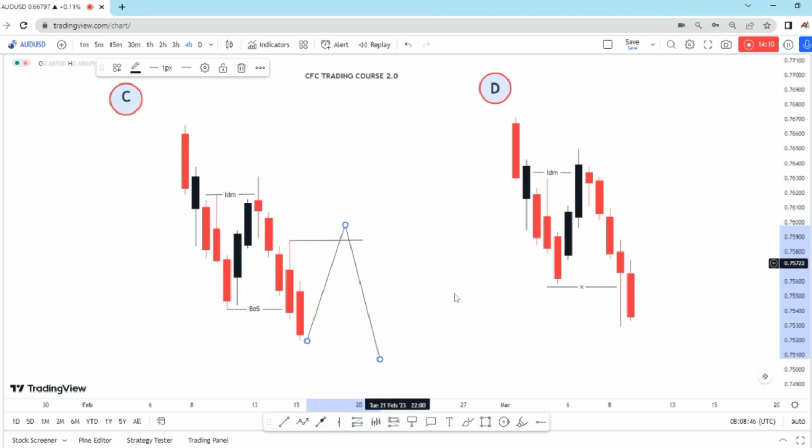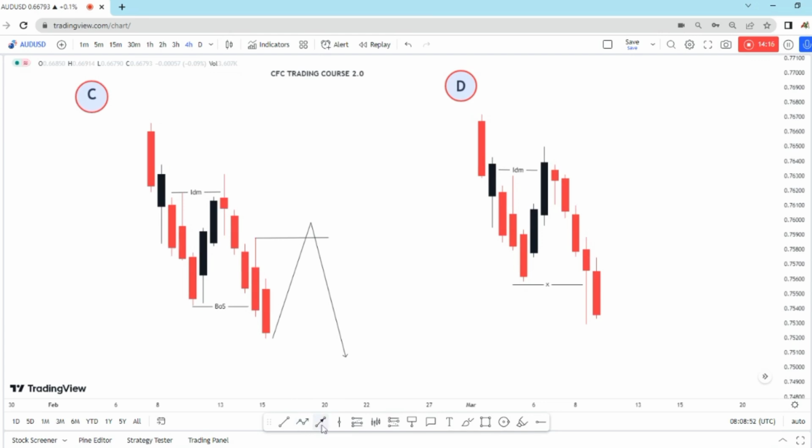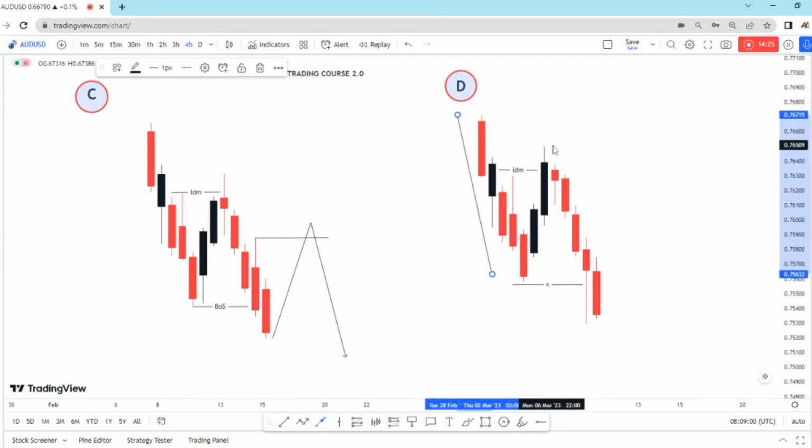Looking at diagram D as well, price was also in a downtrend. It gave us an impulsive move, a corrective, and also an impulsive. Price gives us this valid pullback because the high of this candle has taken the high of the previous candle.